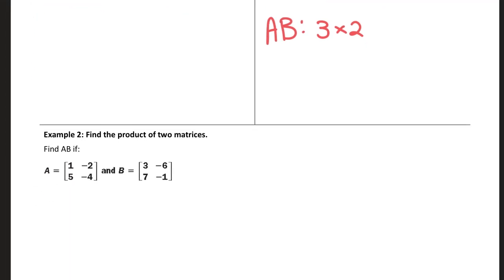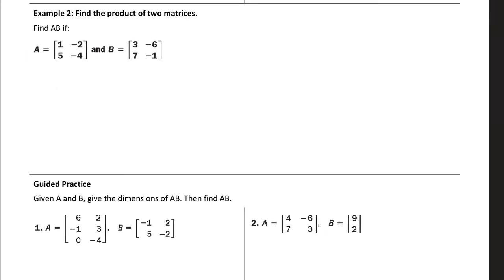So we're going to get some practice multiplying a 2 by 2 matrix by a 2 by 2 matrix. So just to start off, we know the dimensions of AB is going to be 2 by 2. And multiplying matrices, you've got to be organized when you do this.